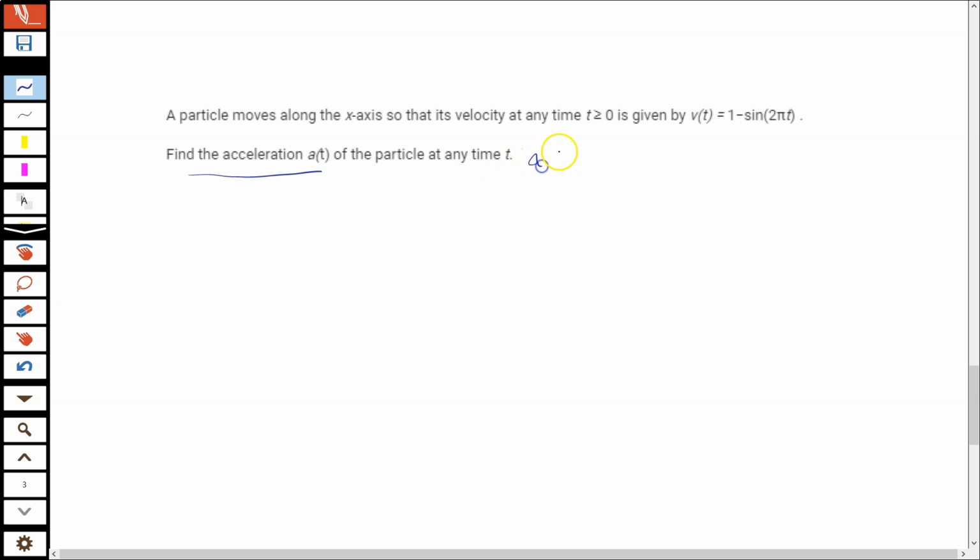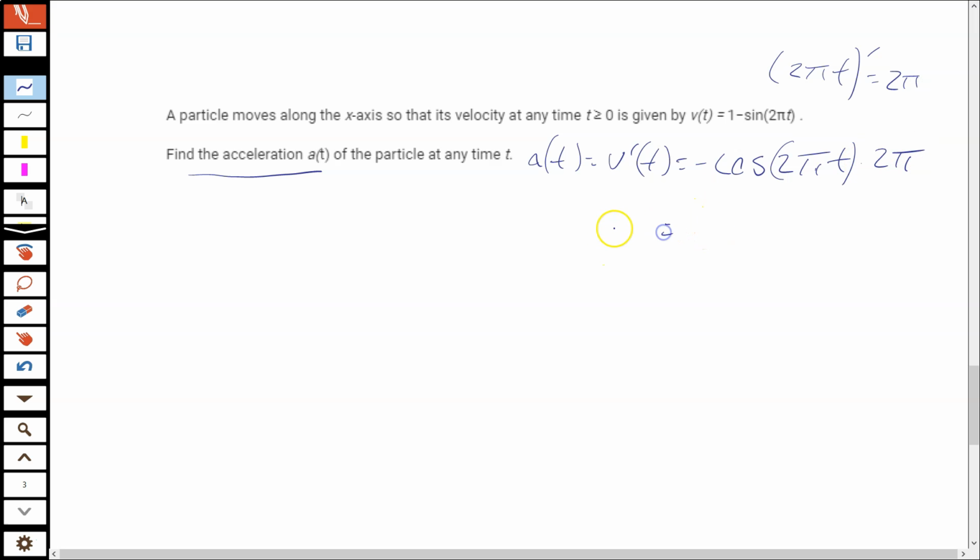So a of t is equal to v prime of t, which is equal to the derivative of 1, which is just 0, and the derivative of sine is cosine of 2 pi t. Then chain rule: we want the derivative of 2 pi t, and that's just going to be 2 pi. So I'll make it look nice: a of t is negative 2 pi cosine 2 pi t.